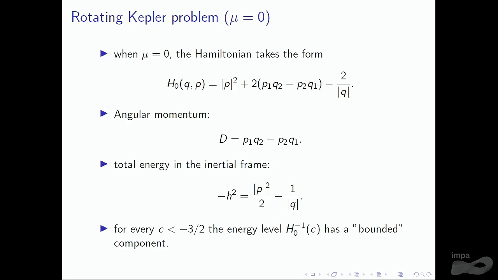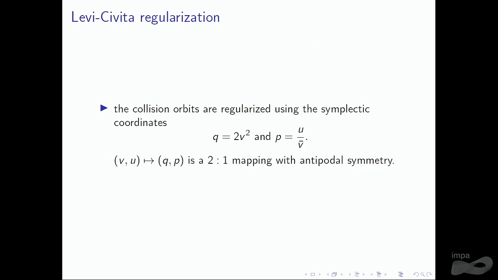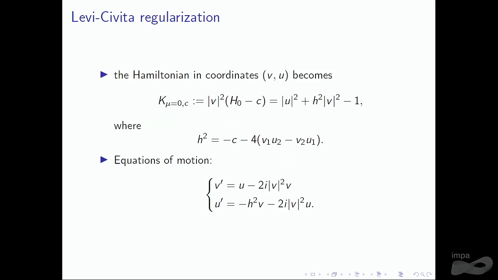For instance, p squared here, when you change coordinates, since p is equal to u over v bar, then you gain this norm of v in the denominator, and this will be eliminated by multiplying the Hamiltonian by this function here, but this is not a problem.